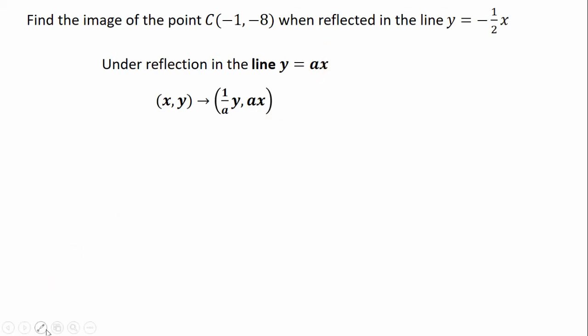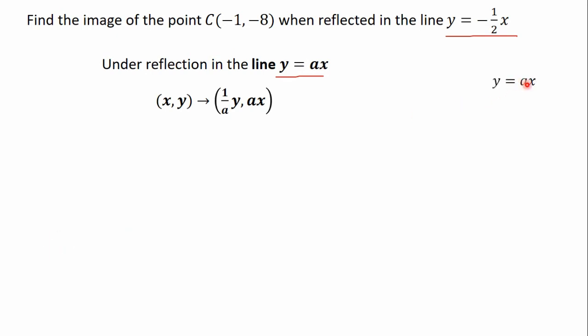Now to get that value of a, we will have to compare the equation of the line given to us, which is y equals minus 1 divided by 2x, to y equals ax. They are all arranged in the same order, so we can easily compare them.